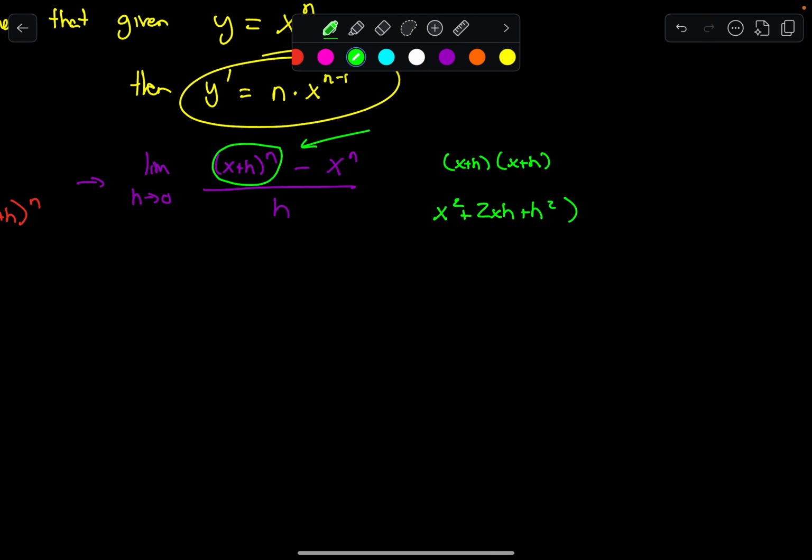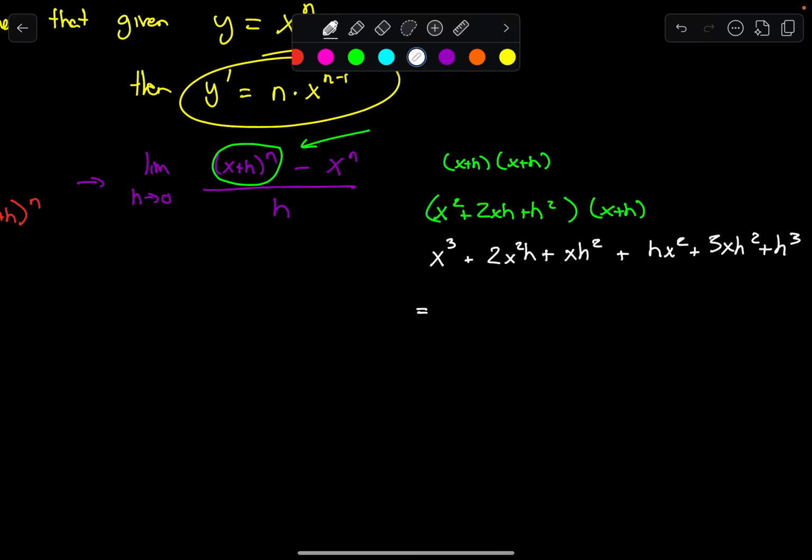And then if I take that and multiply it by a third x plus h, what would we get? Well, I'm definitely guaranteed an x cubed. Now I've got a 2x squared h, I've got an xh squared, and then I'm going to get an hx squared, I'm going to get a 3xh squared, and then plus h cubed.